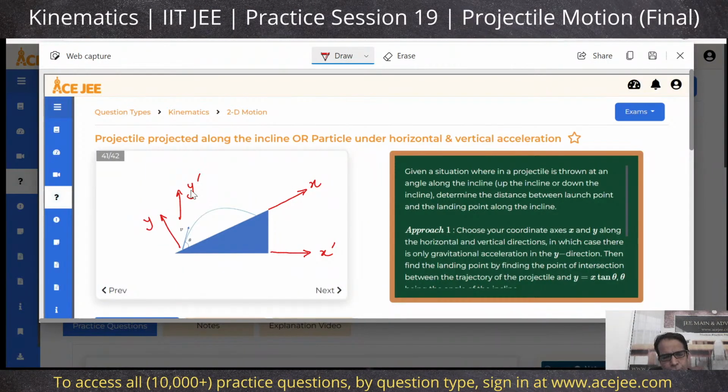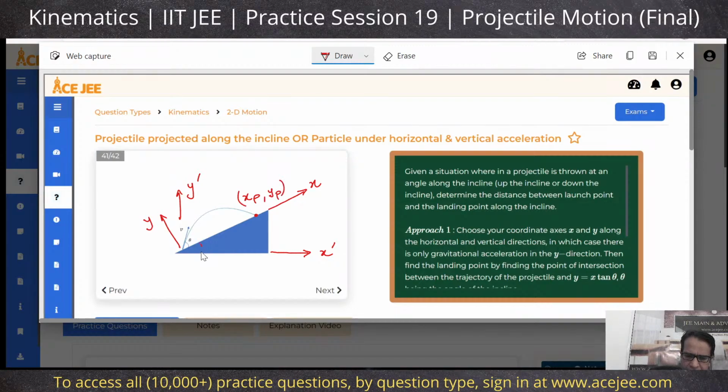Here, if you take your x-axis along the horizontal, y along the vertical, then think of the incline as another trajectory that the projectile will intersect. The point where the projectile hits the incline, let's say the coordinates are xp, yp.